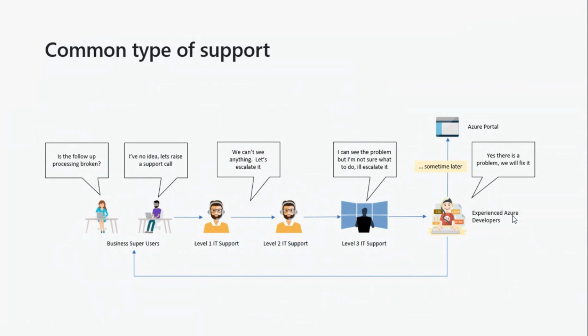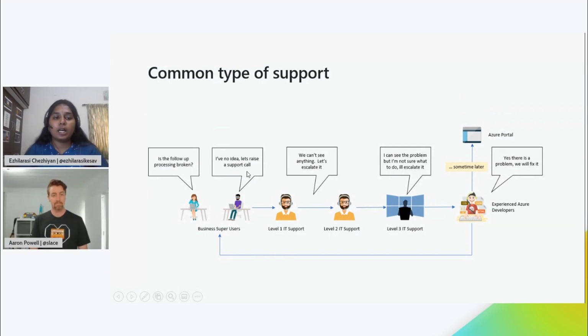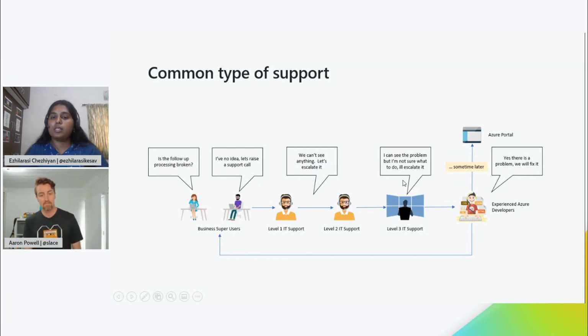Same in this scenario that we just talked about, a typical support scenario would look like this. A business user asks, is the flow processing broken? I have no idea. Let's raise a support call. We can't see anything. Let's escalate it. This is how the issue gets escalated to the Azure team, and the Azure expert is expected to invest a lot of time in looking into this problem.